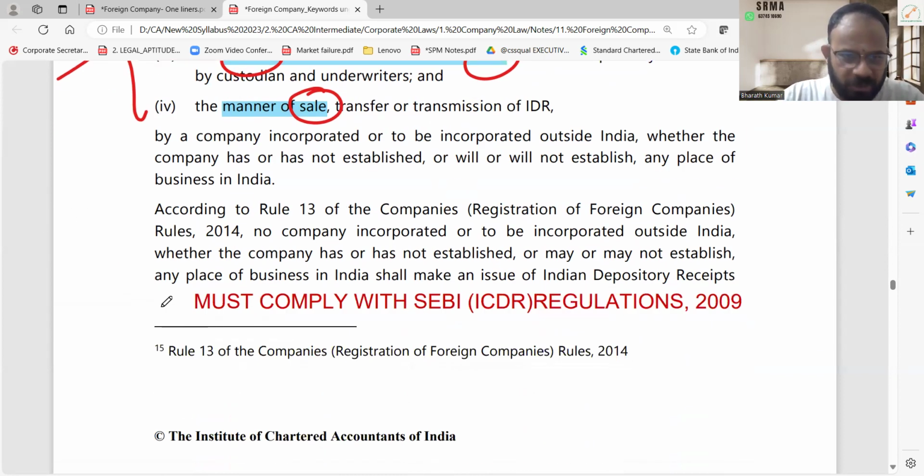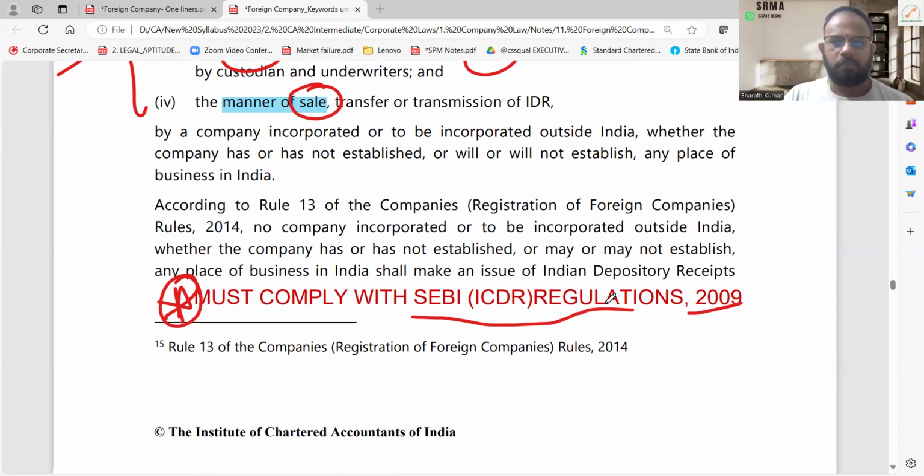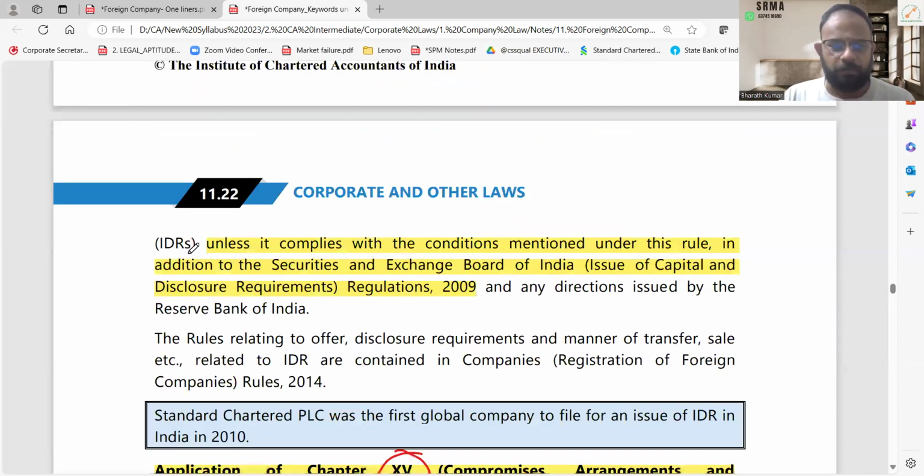And more importantly, we told it must comply with what? ICDR regulations. What is ICDR? Issue of Capital and Disclosure Requirements Regulations. When you are going to subscribe for the securities, you should go as per ICDR. That is more important. This is what they have told you.